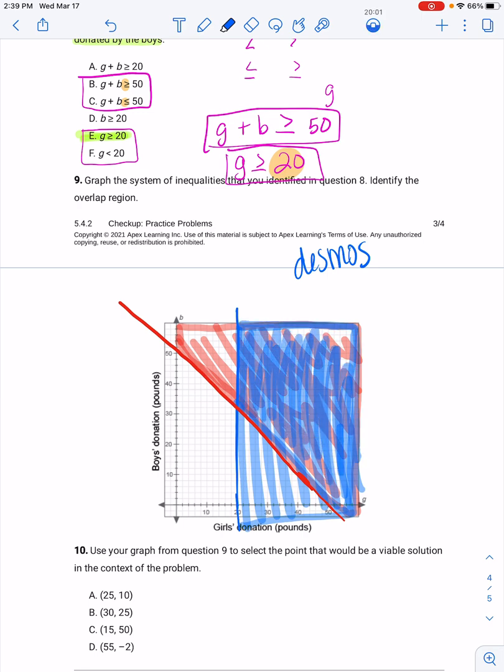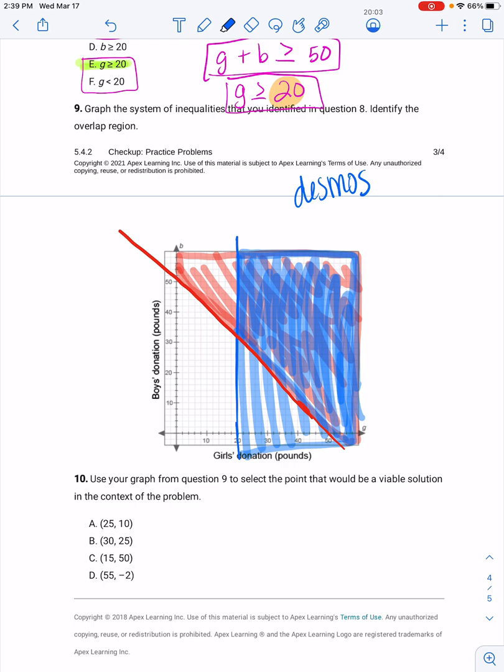So then you have to look at the points that are given and see which points fall into that shaded overlapped part. So remember that this is your X and this is your Y value. So we could go over 25 and up 10. This one would not be a solution because that would fall right here.